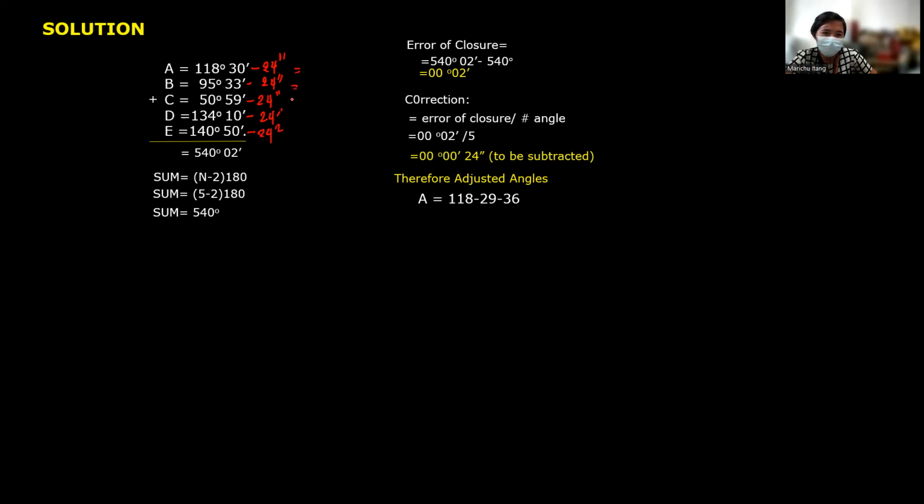So the equivalent for A, let's say this is A prime, is adjusted na.